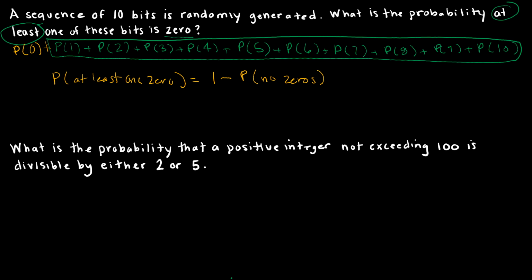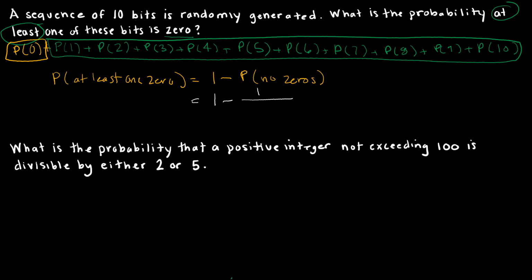If I take 1 minus that, it's going to give me everything that I have circled there in green. Now, this one shouldn't be too difficult to compute. So I have 1 minus the probability that I have no zeros. If I have no zeros, then that means that they're all ones. So how many different ways can I have all ones? Just one way.